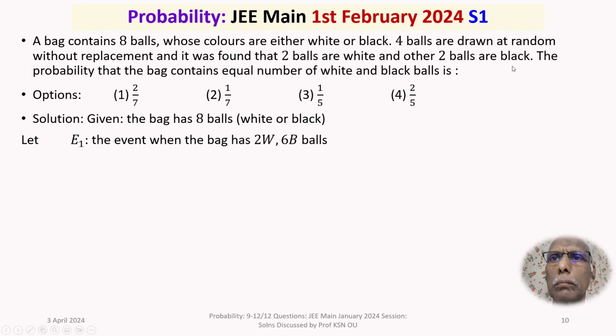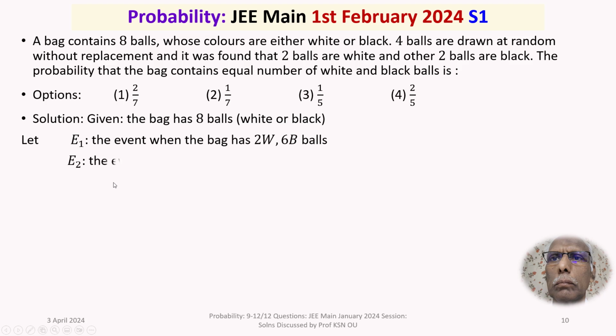So if it is sufficient, you consider 2 white and 6 black balls. You need not consider 1 white and 7 black, 0 white and 8 black. You need not, because anyway, with this also you will get the same answer.